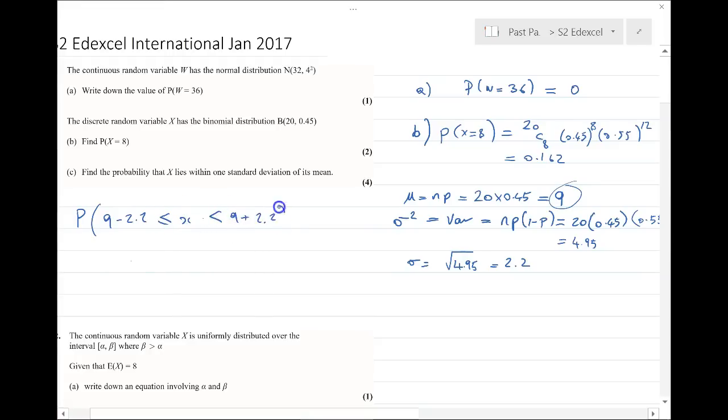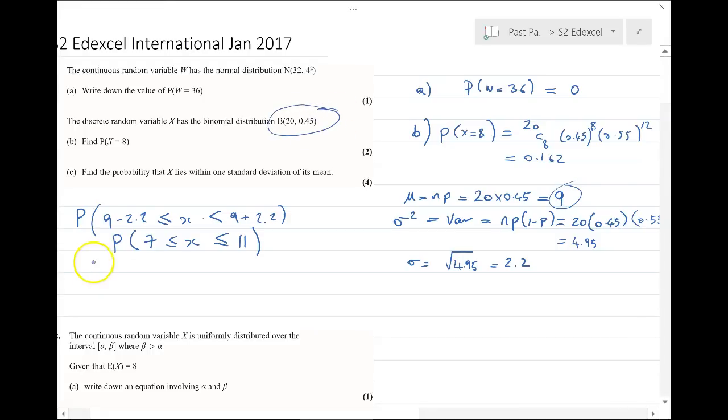But here's the thing, this is a discrete distribution now. 9 minus 2.2 comes to 6.8, but it's discrete, it can't be 6.8, it needs to take a whole number. So that's 7 up to 11.2, but it can't take the value 11.2, so that's the same as 7 to 11.